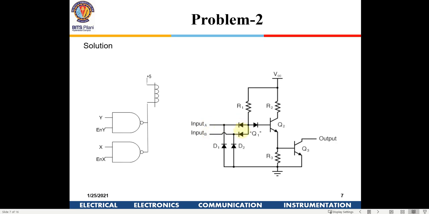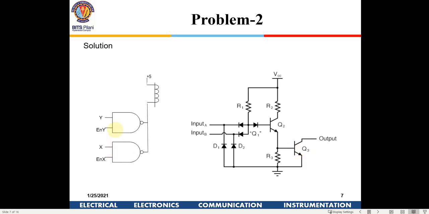So these diodes are reverse biased. VCC is applied through a diode to this transistor, so Q1 transistor comes on. If Q1 comes on, Q3 also comes on, so there is a forward bias available for Q2. Here this Q2 will try to sink current.